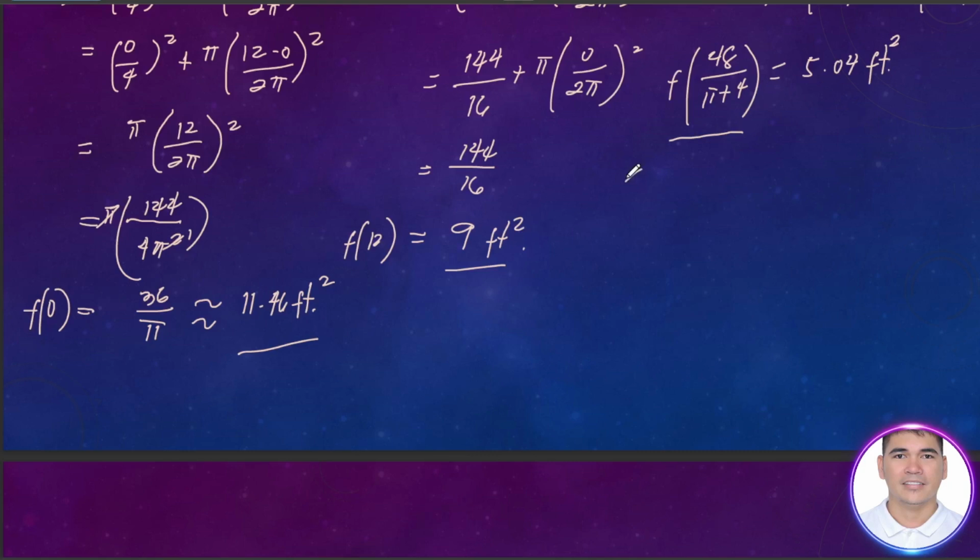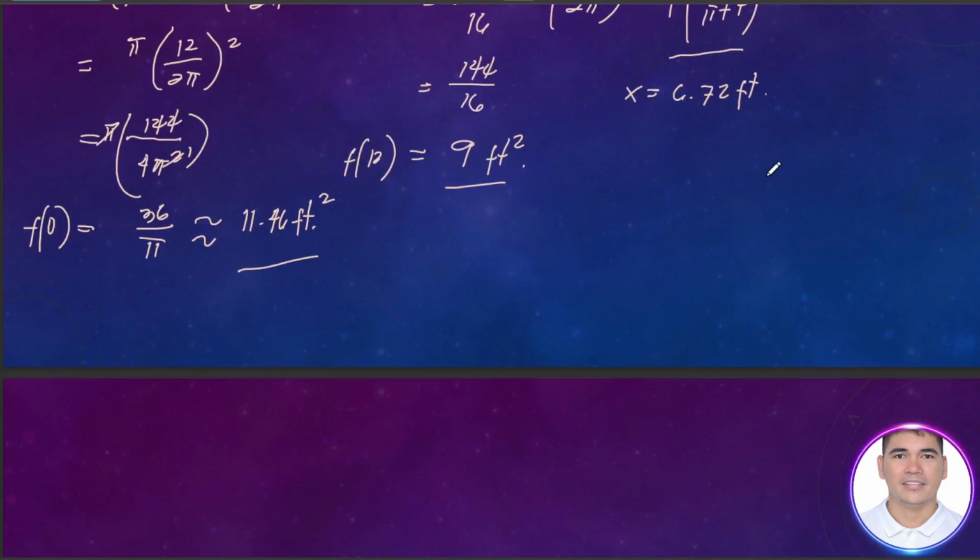So we can have x equal to 6.72 feet, which is in turn formed into a circle and a square. Hence, we have a maximum area of approximately 11.46 square feet when the wire is simply formed into a circle. And the minimum is 5.04 square feet, which happens when the wire is cut into two pieces.